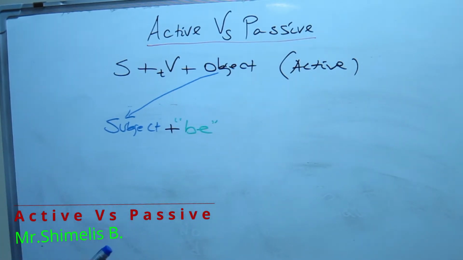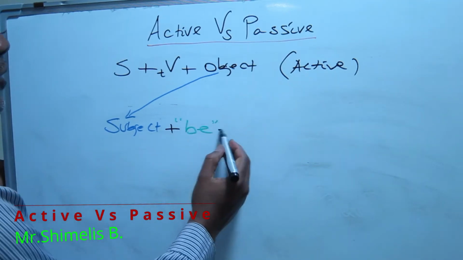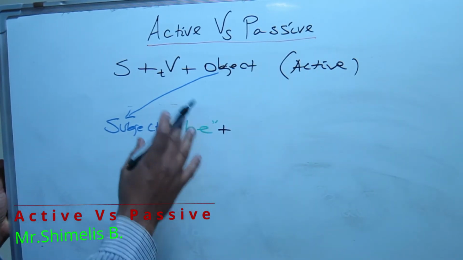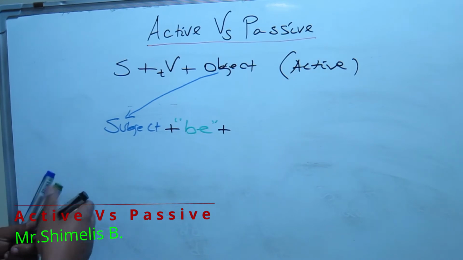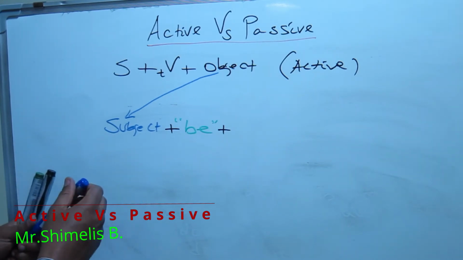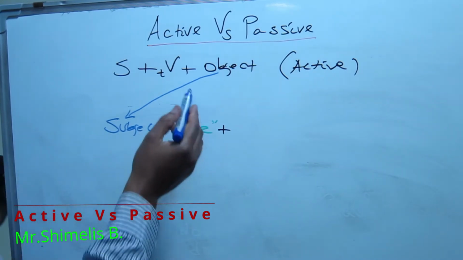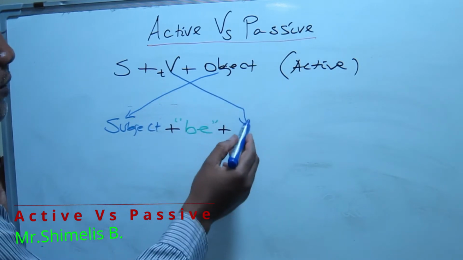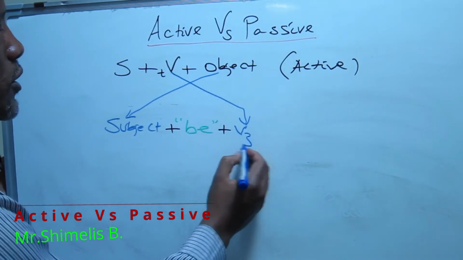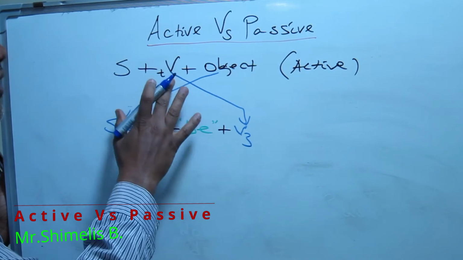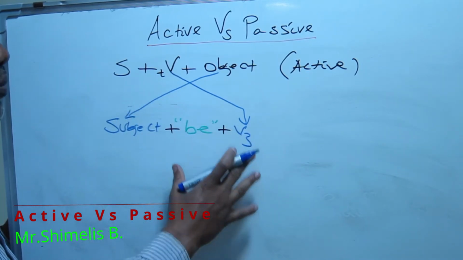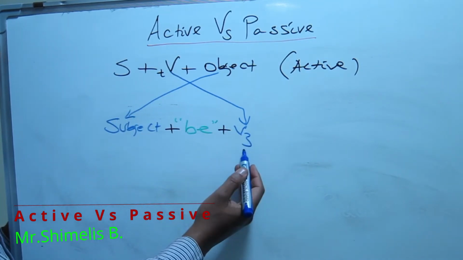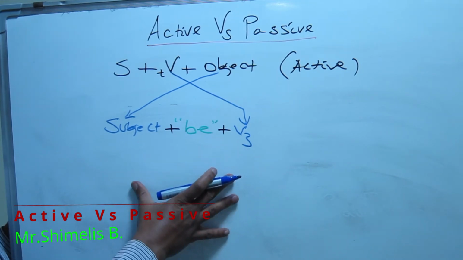This is the third rule. And the next rule is we change the main verb of the active into its past participle form. So in whatever form the active verb may be, we change it to past participle, the third form.